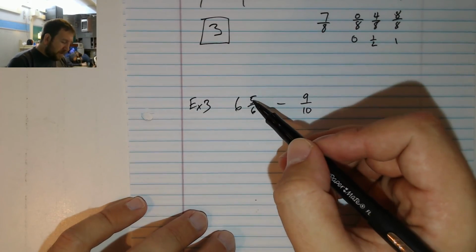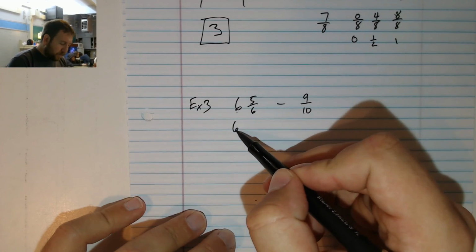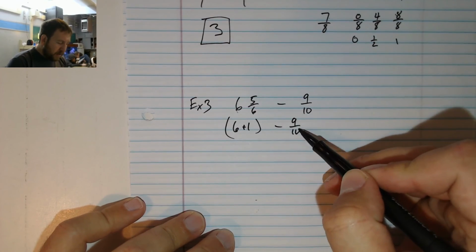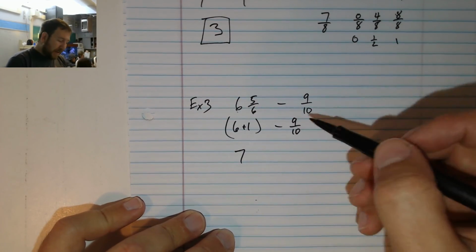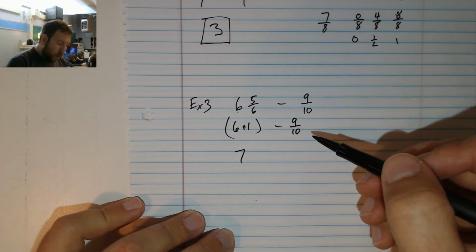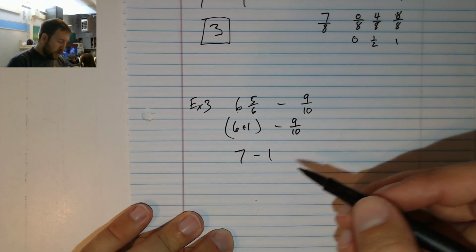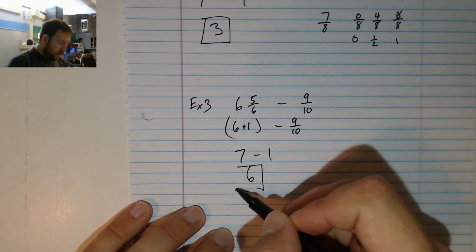And I know that 5/6 is almost 1. So this is really 6 plus 1 minus 9/10, right? So I can turn this into a 7. Now this 9/10, I can also know that this is about 1 because this 9 is almost to 10. So I can rewrite this as 7 minus 1 and turn this into a 6. And that is my answer.